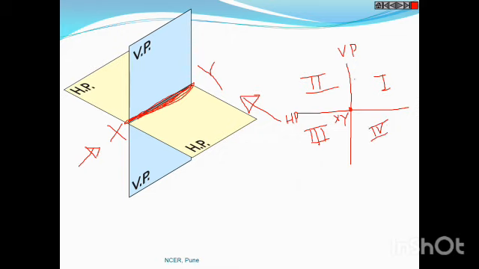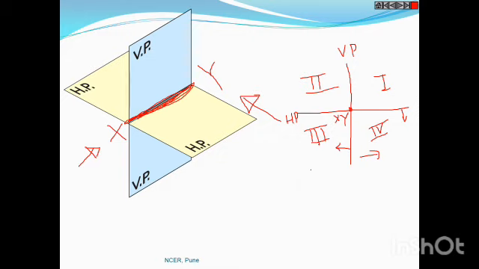Above the HP, in front of the VP, first quadrant. Above the HP, behind the VP, second quadrant. Below the HP and behind the VP, third quadrant, and below the HP and in front of the VP, fourth quadrant.